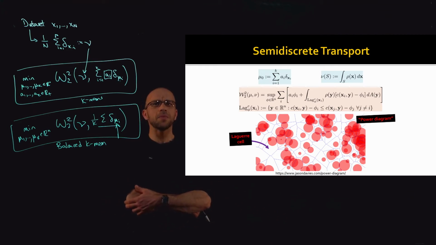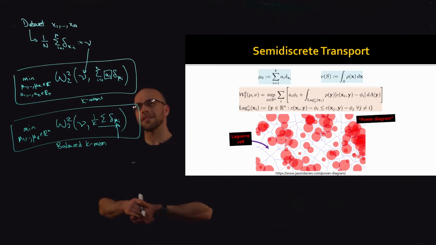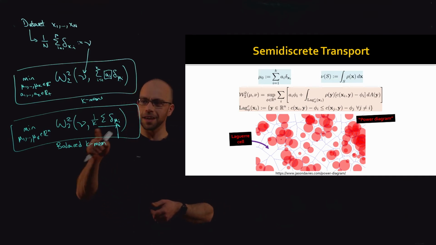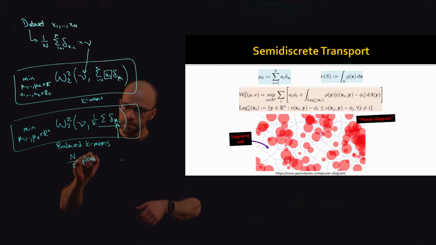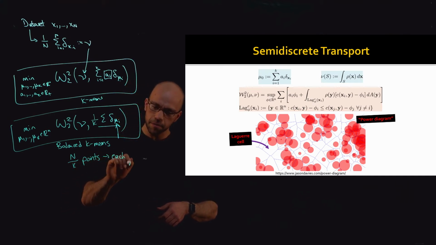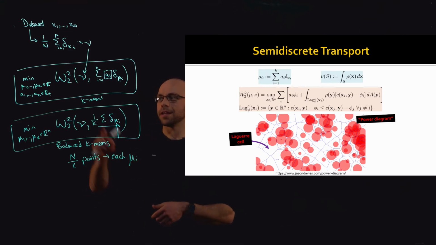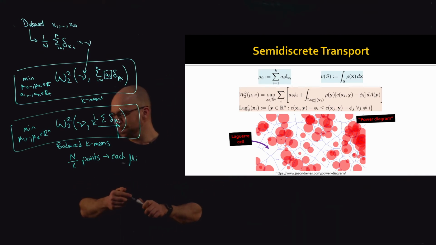And the reason why this is useful is in the Laguerre diagram, I can make cells bigger or smaller until each one contains basically n divided by k points here, right? Because at the end of the day, in the balanced k-means problem, I need n over k points to each mu i, right? So I no longer get to make, maybe in the original k-means problem, one cluster gets 1 point, another cluster gets 100 points or something like that.